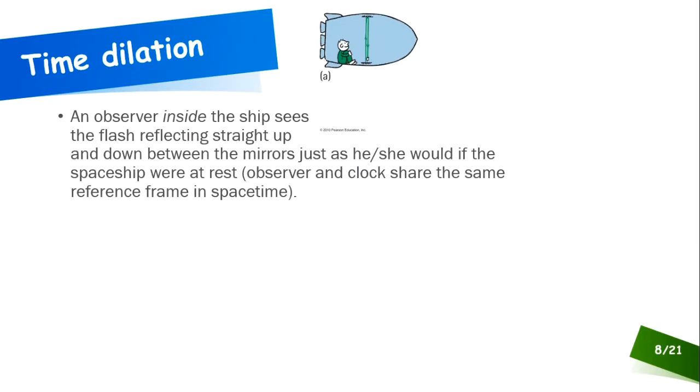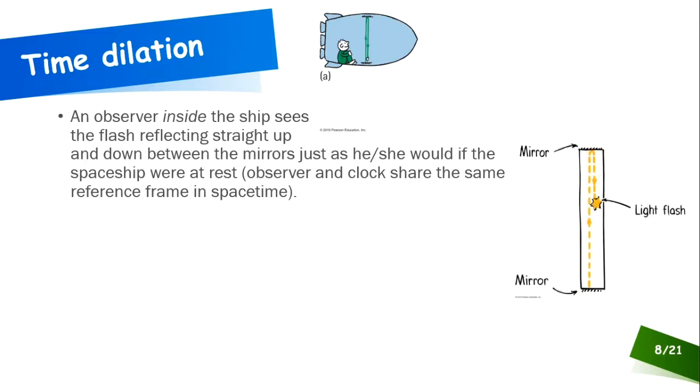So suppose again we've got an observer inside a rocket ship, and in the center of the rocket ship we have 2 mirrors. So we shine a light, get a flash of light into one mirror, and it bounces back to the other, which then bounces back to the first, and it just keeps bouncing back, so on and so forth.